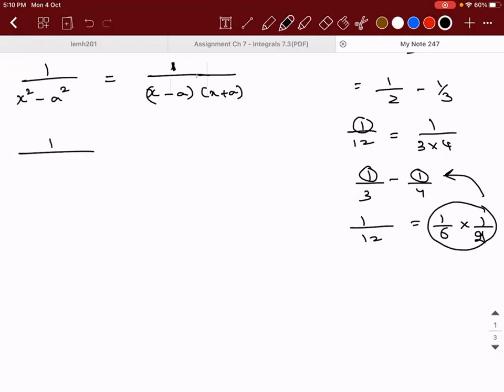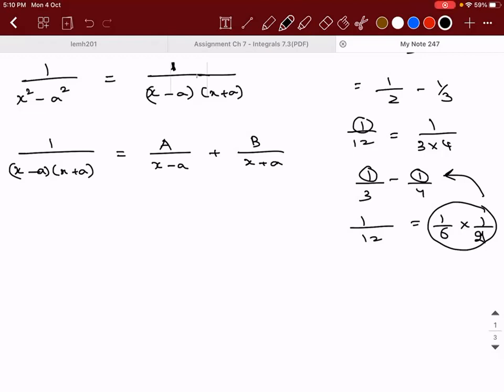See, listen. 1 divided by x minus a into x plus a, I will write it as something divided by x minus a plus something divided by x plus a. Means I'm splitting the denominator and writing into two parts. Okay.